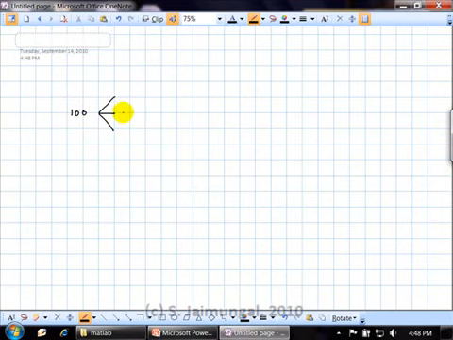In this particular state of the world, it's worth nothing. In this state, it's worth 50. And in this state, it's worth 110. Okay, so this is a three-state world. You have these two traded assets. And the question that I'd like to ask you is, does there exist an arbitrage in this economy?